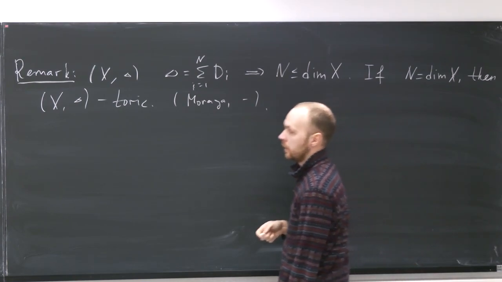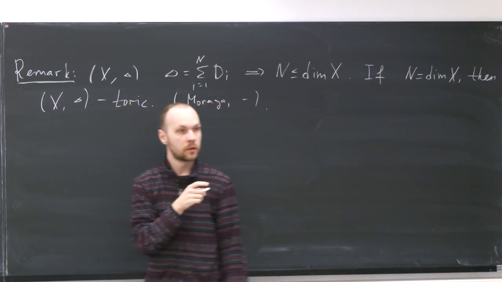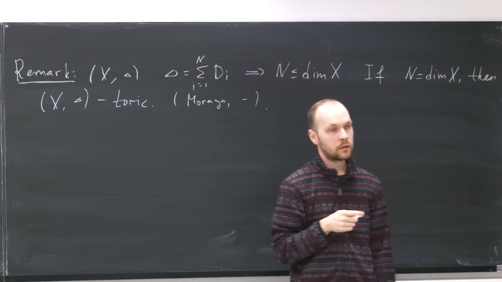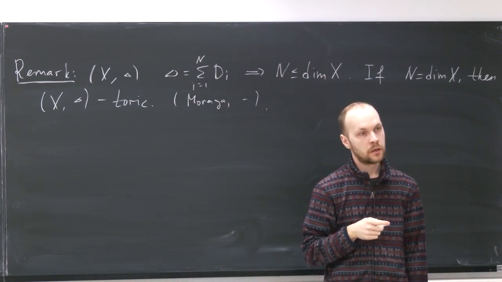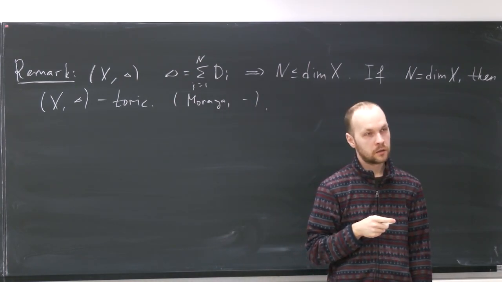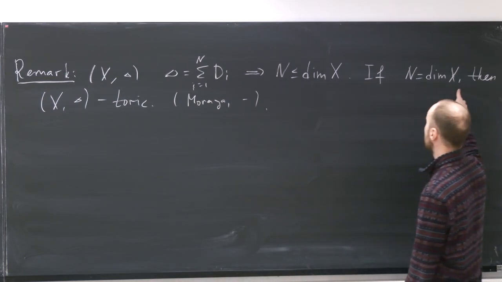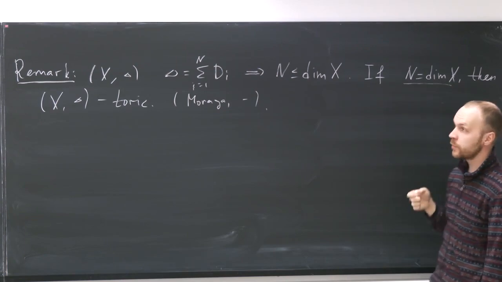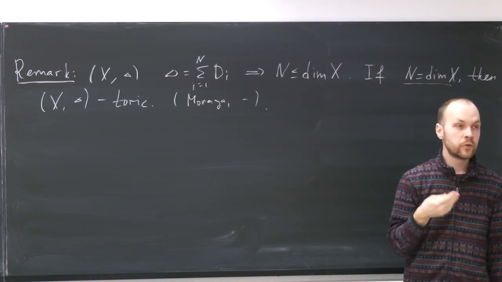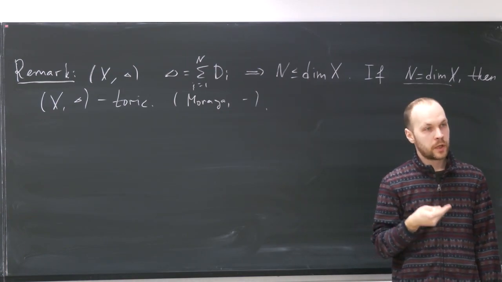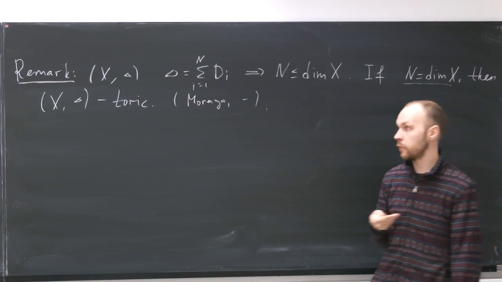All right. And what about the converse? The bound is not necessarily attained for toric varieties, for toric pairs.